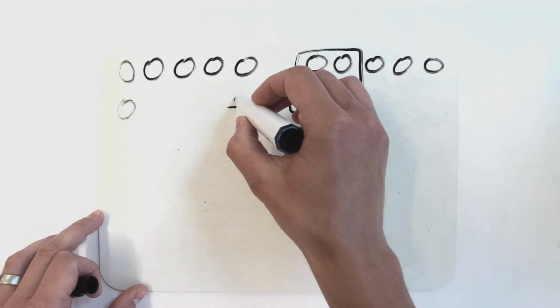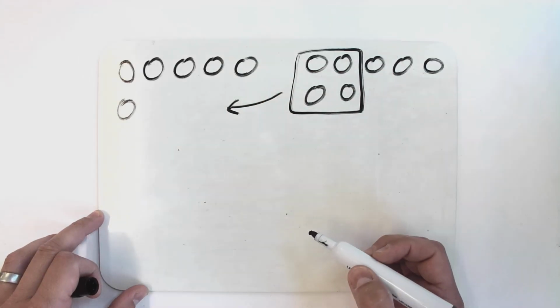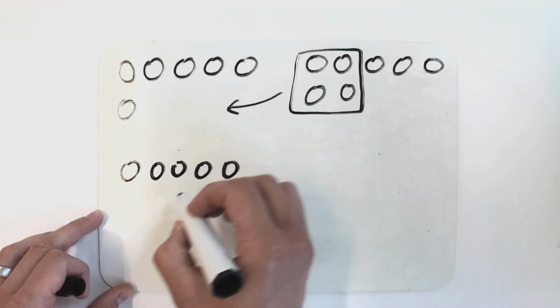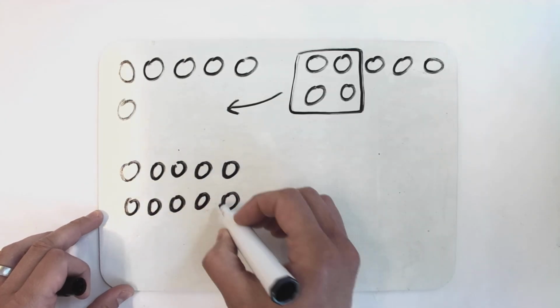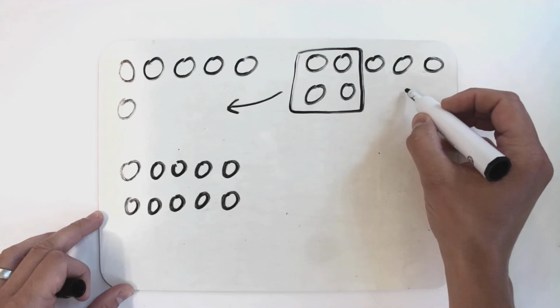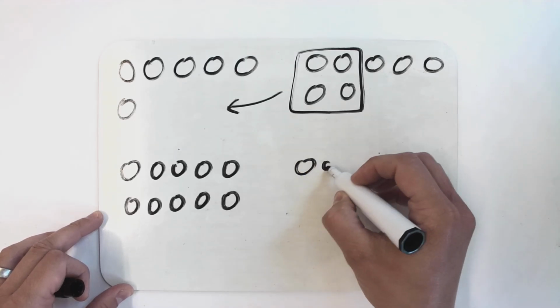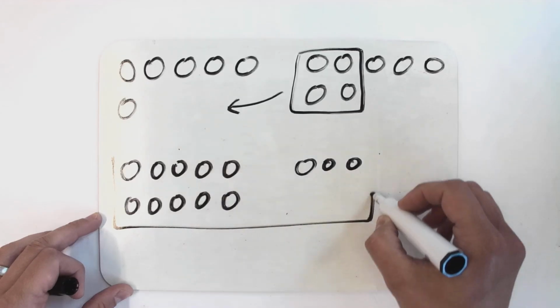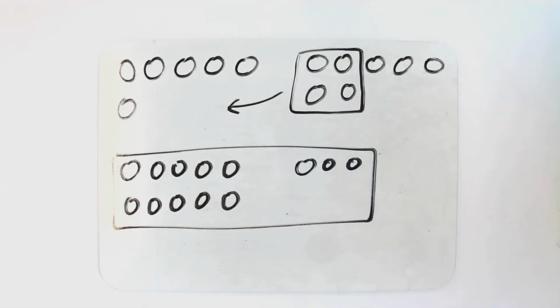So we're going to move these to this group on the left to start. Then our next step is that we have this full set of 10, and then we have these 3 that are still remaining. Those need to be brought down and kept there. Then we're viewing this as one entire group, this quantity of 10 and 3, or 13.